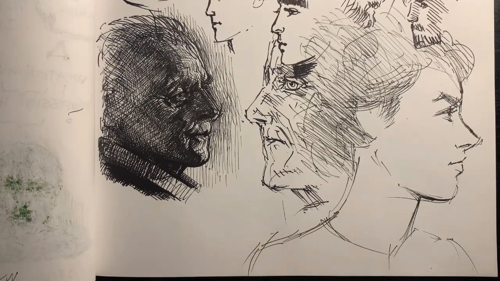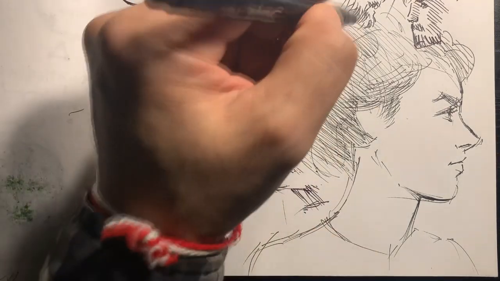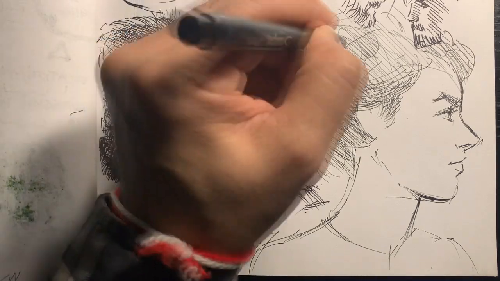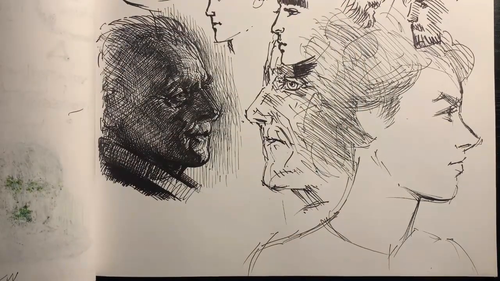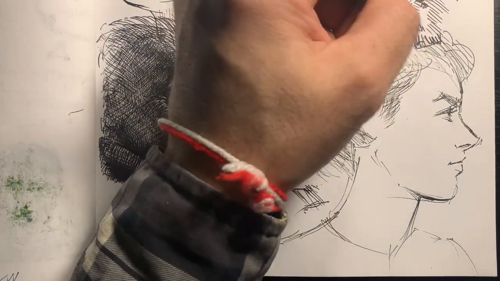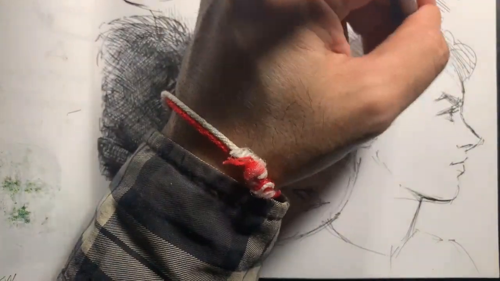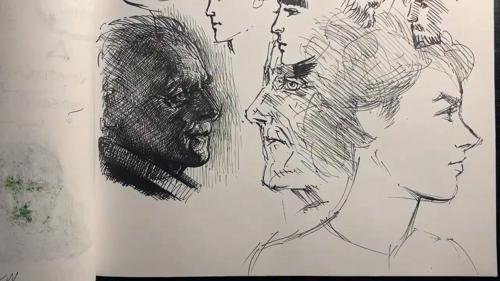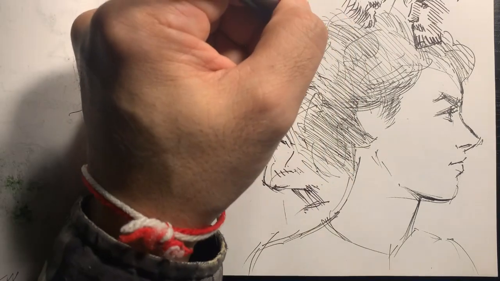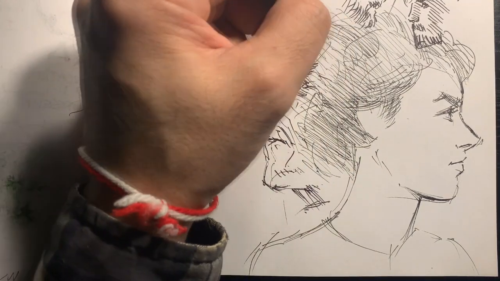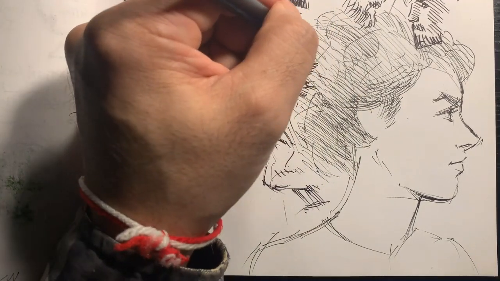It looks like a sketch, and then a little more detailed sketch, and next would be the third pass, which would be to push the values. It's a little different when you're wanting to have a likeness. Part of it is pushing the values, but also tightening up the likeness.